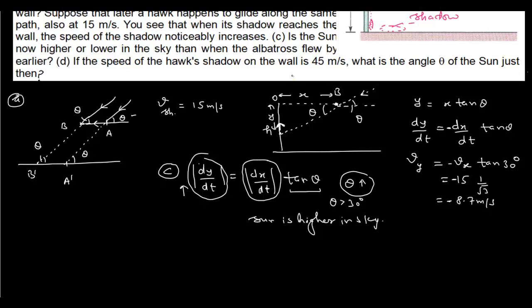So from this same result you can write that tan theta is equal to Vy by Vx, and we know that according to the given value this is 45 meters per second and this Vx is 15 meters per second. So from here we get 3, and solving this we get theta equal to 72 degrees.